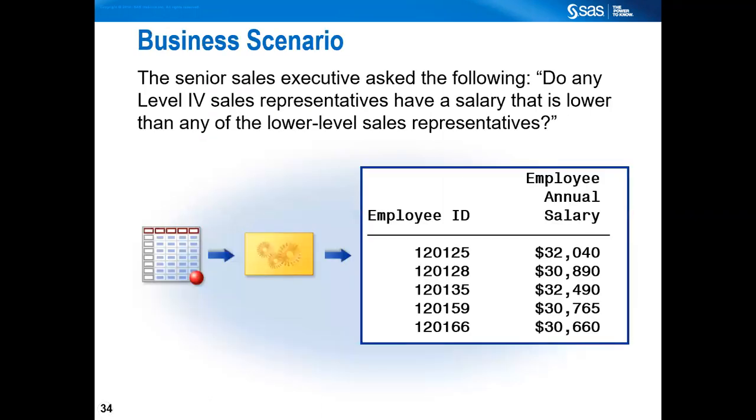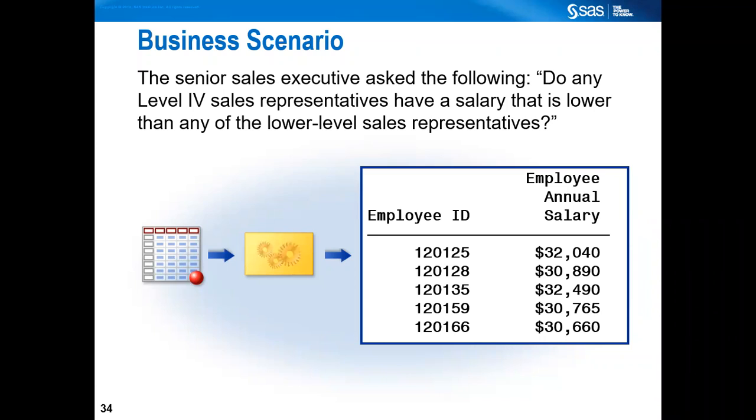So the scenario here, now understand, is that a senior sales executive asks the following: do any level 4 sales representatives have a salary that is lower than any of the lower level sales representatives? That means you want to find out from the employee titles, the sales representative level 4.